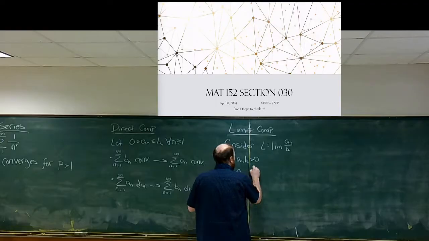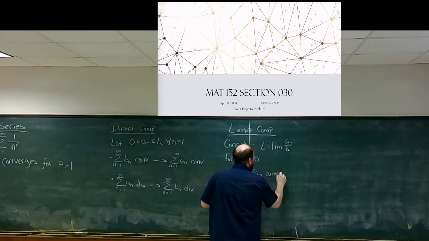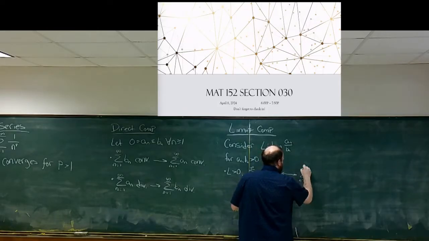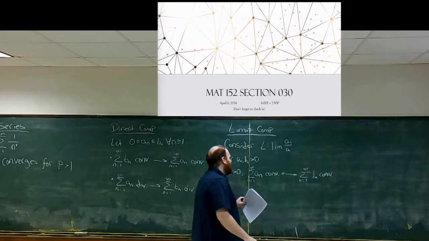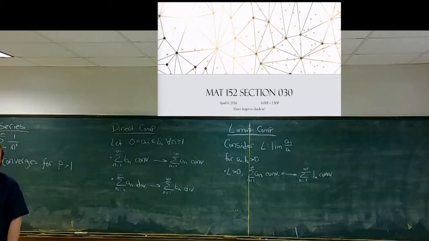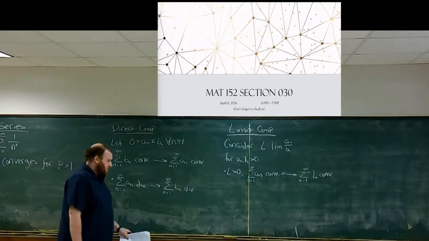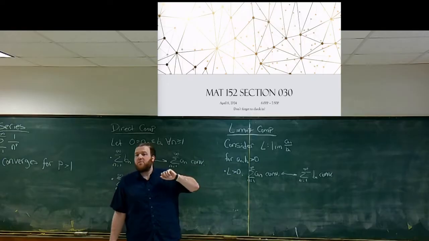If L is greater than 0, a sub n converges if and only if b sub n converges. I should actually specify L has to be greater than 0 and finite.